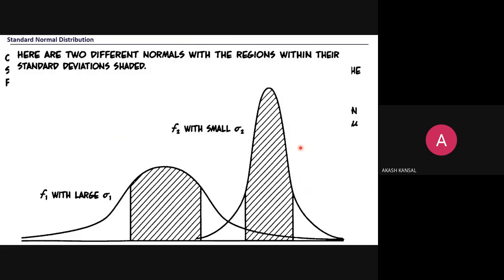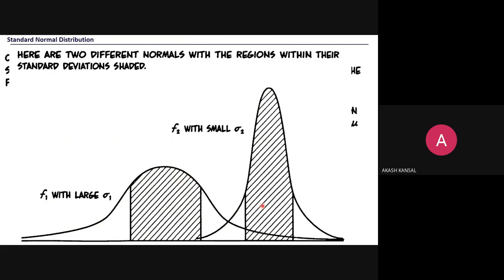Here we are talking about two curves. In one curve we have a large sigma, and here we have a small sigma. The area under the graph has to be 1. So if your sigma, which is the distance from here to here, is large, then the peak of the graph has to be lower.